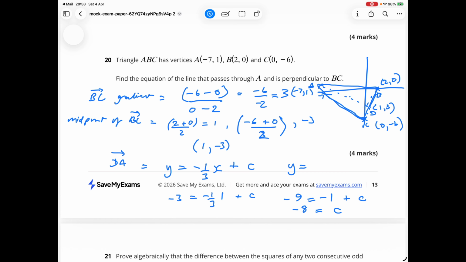I apologise about that. So y equals minus a third x minus 8 over 3, which is exactly the right answer. If you find yourself thinking this isn't right, sometimes it is and sometimes it really isn't.